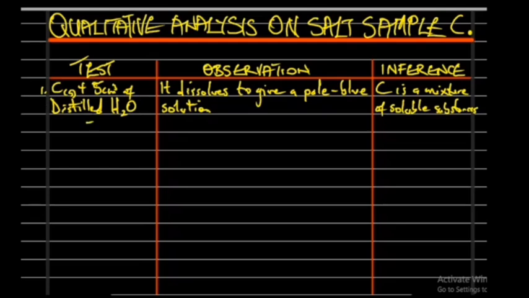Now, when we tested litmus paper on this salt, we discovered that it turns blue litmus paper to red. That tells us that C is acidic.